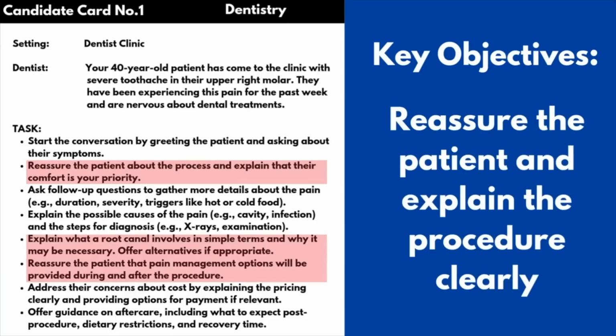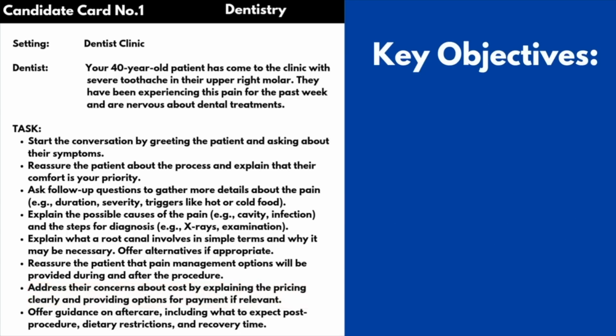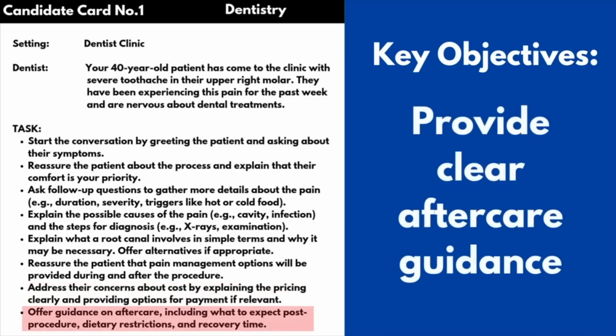In this case, the pain of the treatment, fear of root canal treatment, and the cost of treatment. Ensuring to check patient understanding and showing empathy and reassurance throughout the role play scenario. The end of the conversation should focus on aftercare, expectations, instructions, recovery time, and follow-up appointments as necessary.